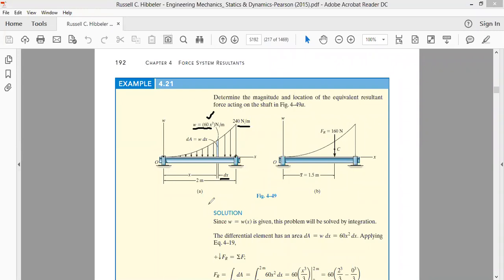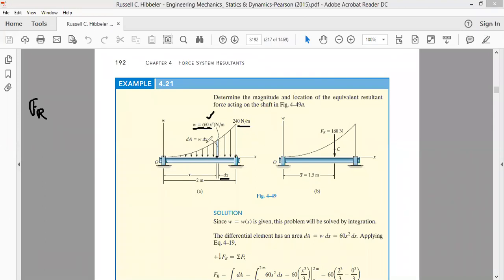Again I am repeating, in order to find the resultant force acting on the shaft, we divide this load diagram into small strips such that the thickness of one strip is dx, and this strip is at a distance x from end O. The length of this small strip is small, that is dx.